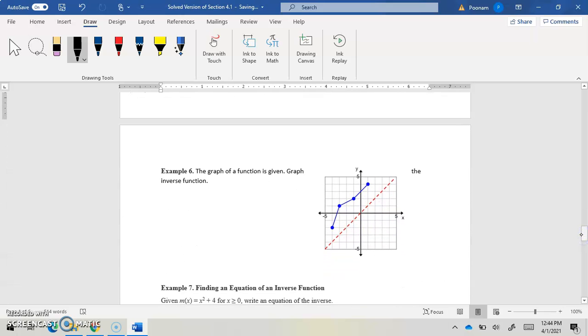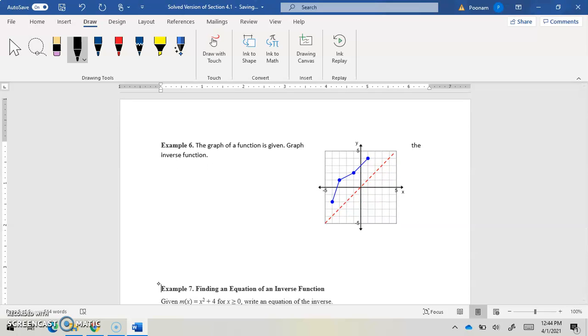Now there's a different kind of problem here. A graph of a function is given and the question is to find its inverse function. Graph the inverse function. Now before I do that, I want to make a point.